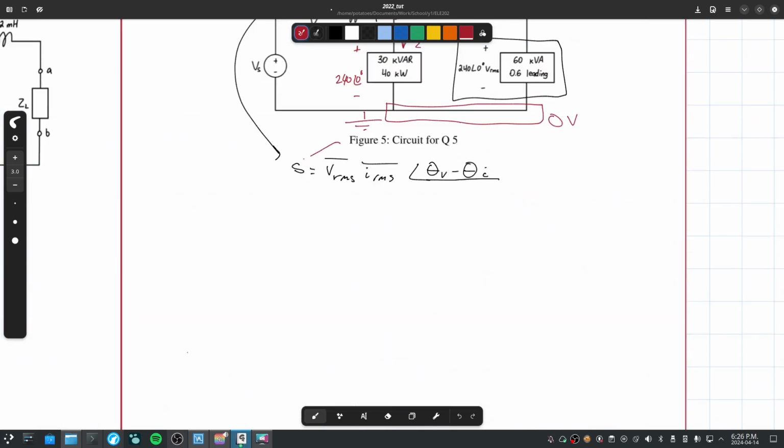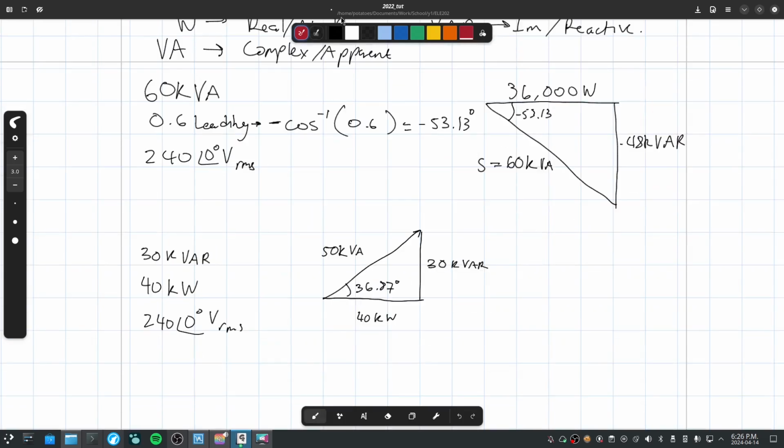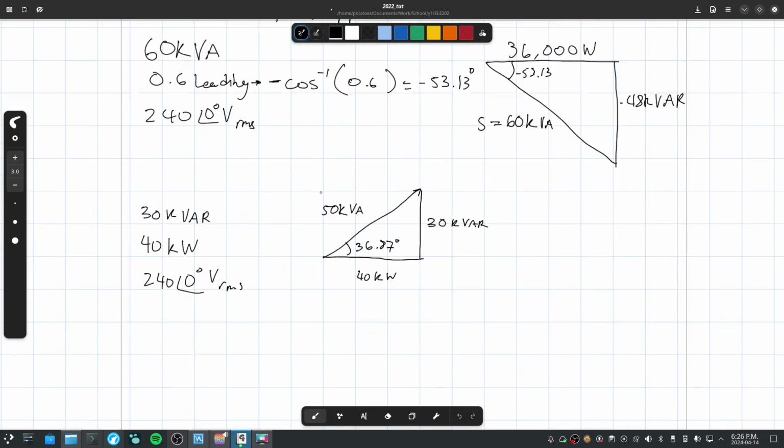Because of this exact same thing as well. The formula here is that the magnitude of the apparent power is equal to the magnitude of VRMS times the magnitude of IRMS. We know VRMS. We know the apparent power.